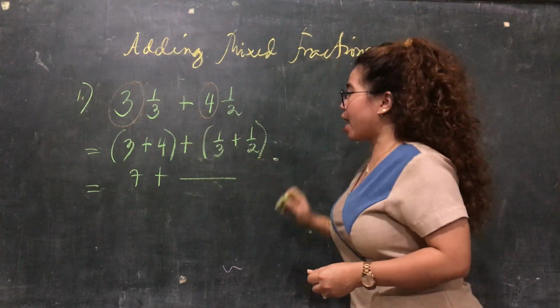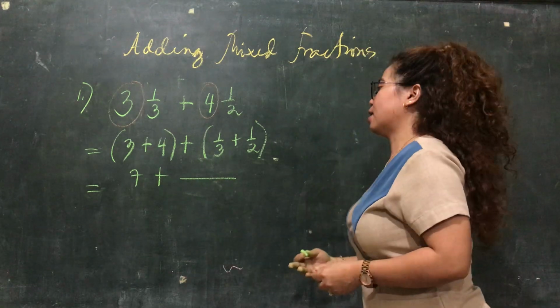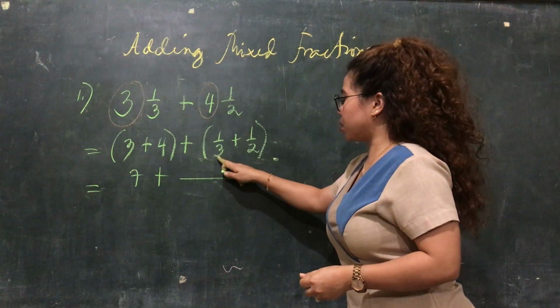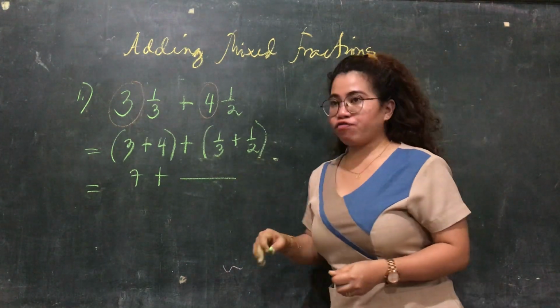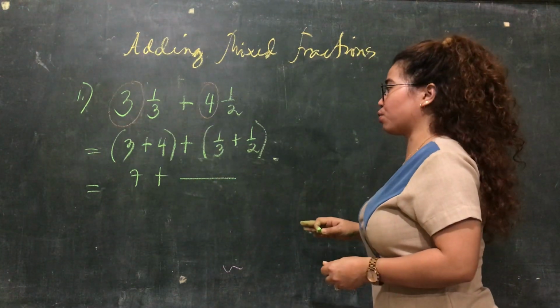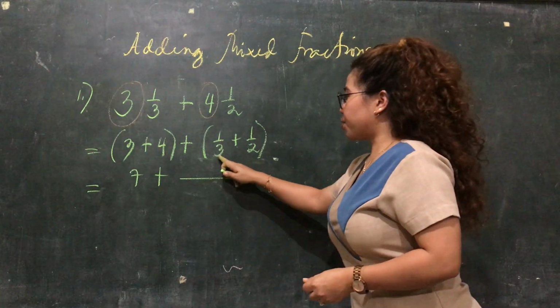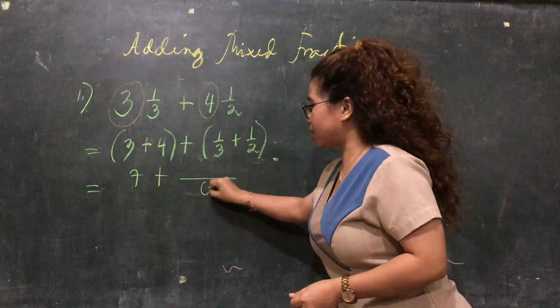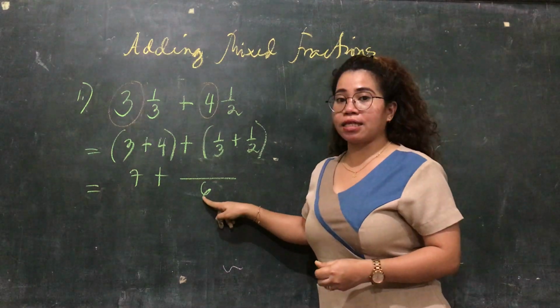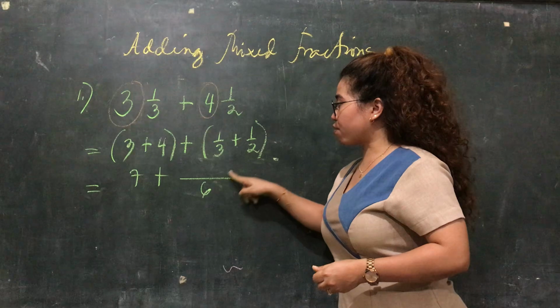Recall tayo on how to add fractions, katong video na ako previously. So, ang denominators is 3 and 2. Obviously, dili sila like fractions. Dili parehas ilang denominator. That means, manguha tag LCD. 3 times 2, you have 6. Ang LCD, dapat ma-divide siya perfectly sa 3 and ma-divide perfectly sa 2.